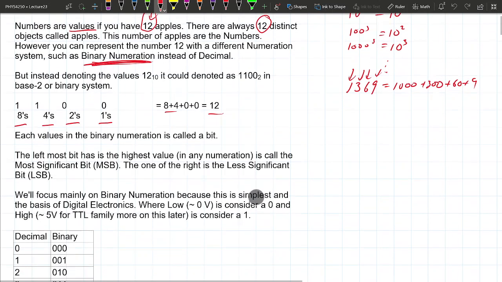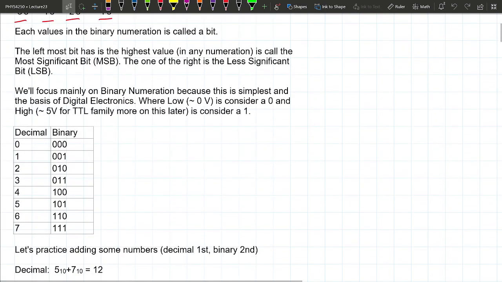Okay, so since we're dealing with digital electronics, we're going to be talking about binary numeration almost all the time in here. That's because in electronics, we can always represent values of ones and zeros using either a low voltage point or a high voltage point.